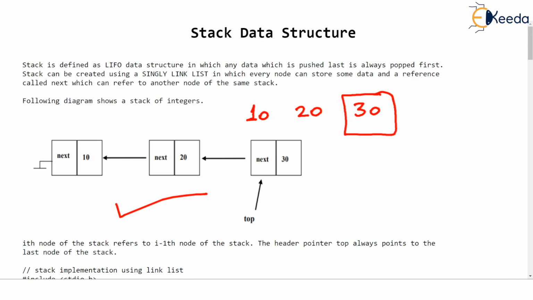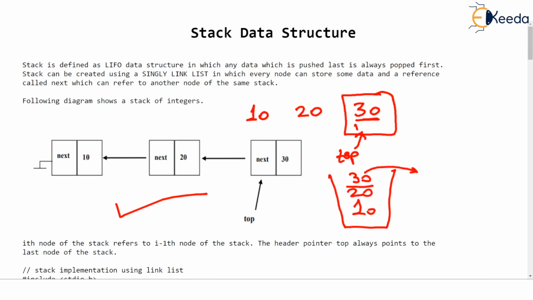Please try to understand. The stack says that if 10 was inserted in the bucket first, then 20, and then 30, then 30 should be the topmost, or 30 should be removed first. So there is a special pointer called top, also called the header pointer. Just a name given. And top will always point to the latest node that you have inserted.